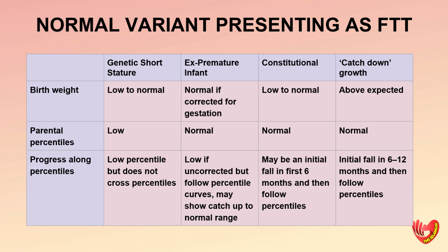For constitutional growth delay, progress along percentiles may show an initial fall in the first 6 months and then follow percentiles. In catch-down growth, the percentiles initially fall in 6 to 12 months and then follow percentiles. If you have difficulty following this slide, you may pause and go through it again.